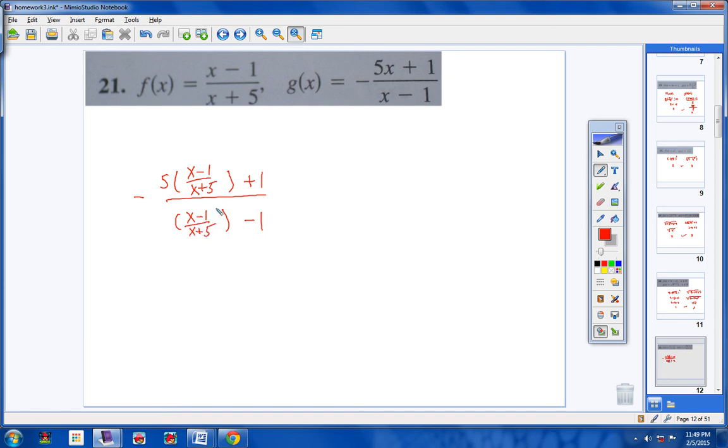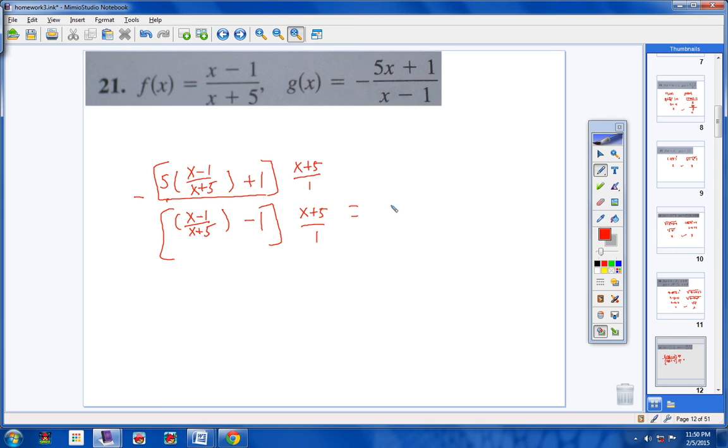Now, my denominators here are x plus 5, so I'm going to multiply this whole numerator here by x plus 5 over 1. I'm going to multiply this whole denominator by x plus 5 over 1.